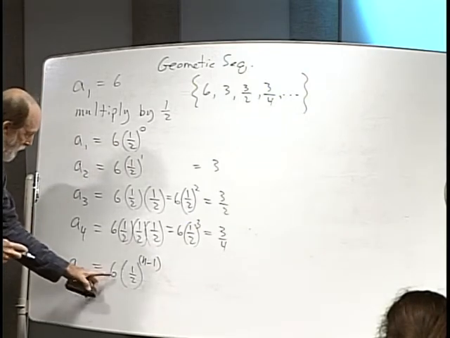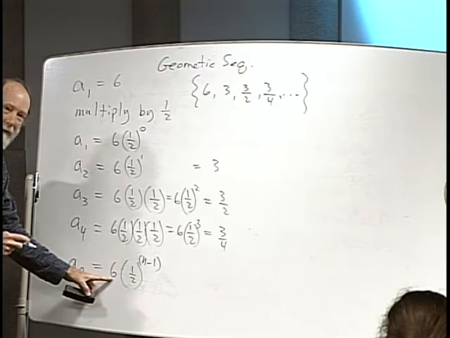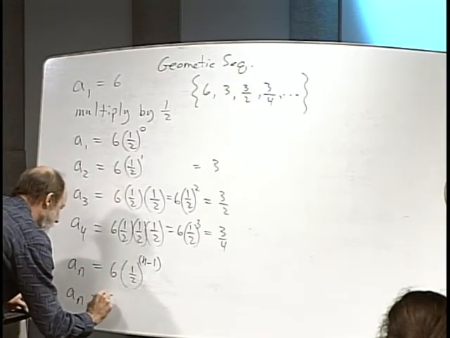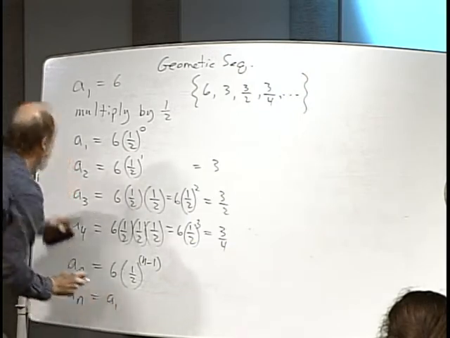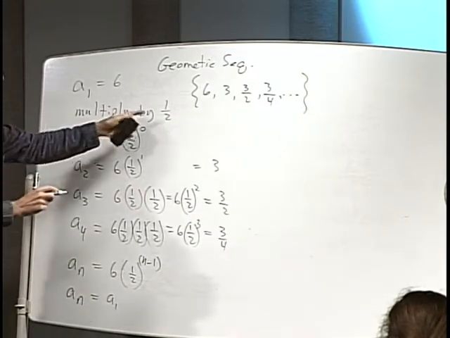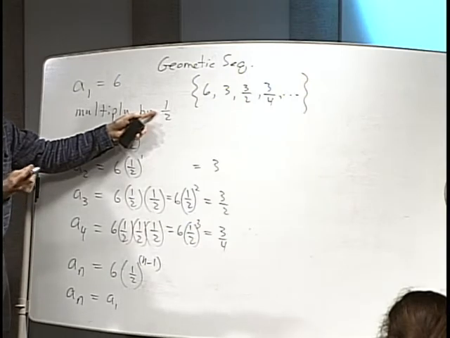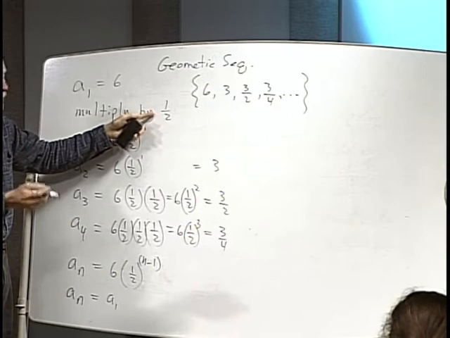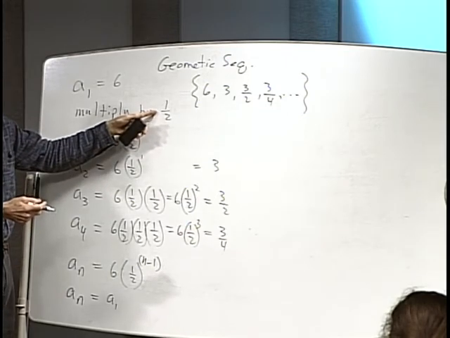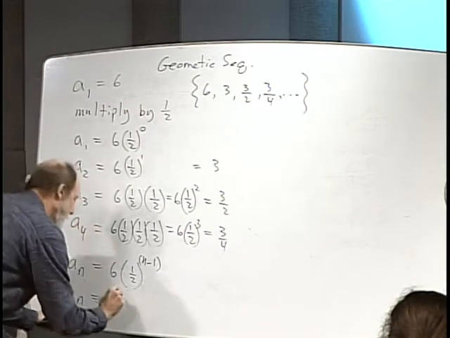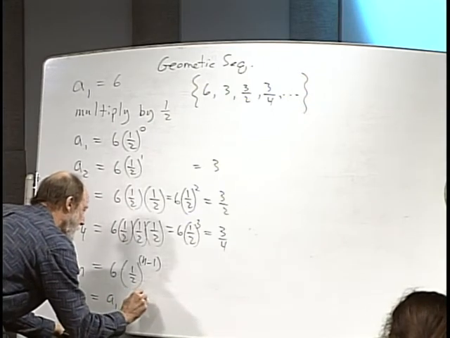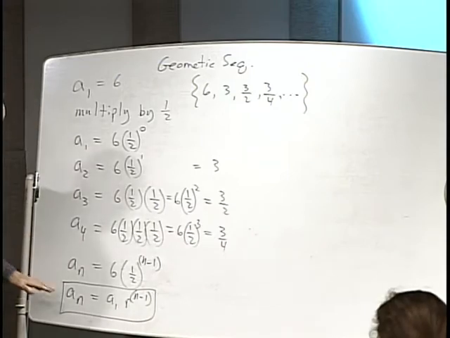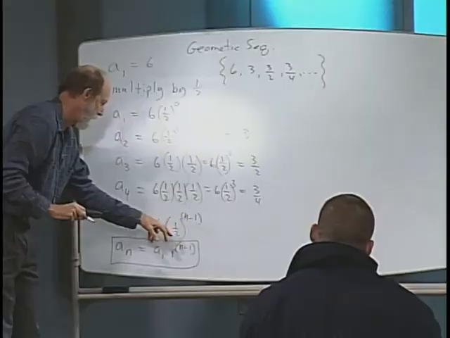In general, this is called a sub 1, right? So the nth term in general is the first term's value times, and then instead of calling this b for our base like when we did exponentials, they go and change the symbols on us in the textbooks. We call this small r usually, small r. And so we call that r raised to the n minus 1. And so there's a formula for the nth term of a geometric sequence.